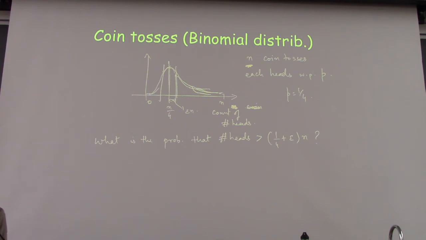In this very simple scenario, what if I just ask you, let's take an extreme example. I have a coin and I toss it n different times. Each time it has a probability p of coming up heads. What's the likelihood that you never see a heads?